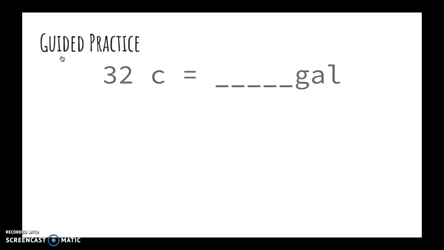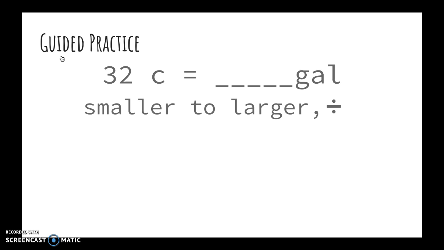We have to think, are cups larger or smaller than gallons? Cups are smaller than gallons. So when we convert from a smaller unit of measurement to a larger unit of measurement, we divide.